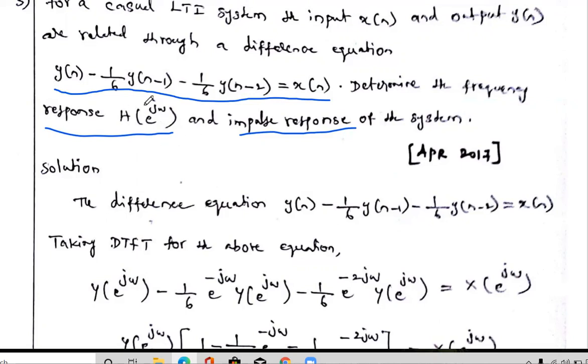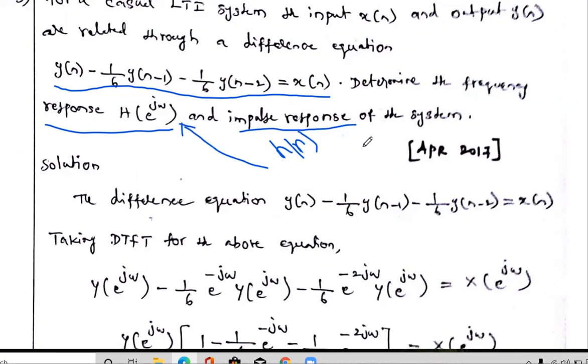Or, H of e power j omega is nothing but the DTFT of the impulse response h of n. So what is impulse response? Impulse response is h of n. If you take the DTFT of this h of n, we will get H of e power j omega. So these two things we have to find out.